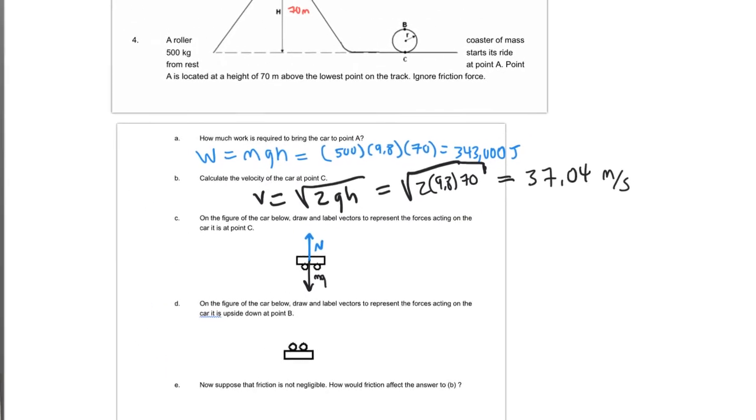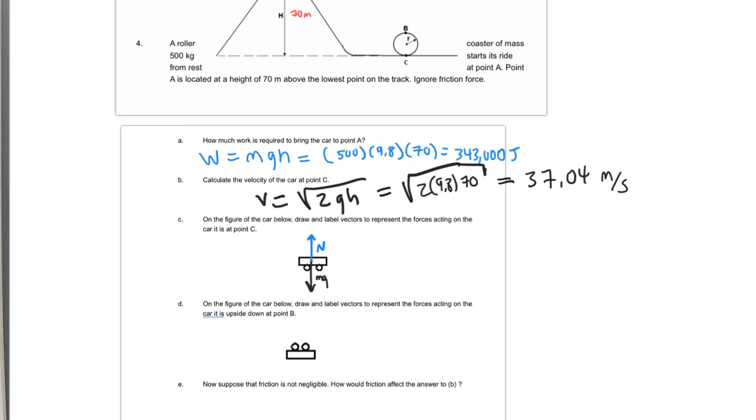With regards to this one: on the figure of the car below, draw and label vectors to represent the forces acting on the car as it is upside down at point B. So that would be right here. If you've ever taken a roller coaster, you're going to feel really heavy right here, and then you go up, and up, and there's a moment where you feel weightless, and then you go in this way, and you're heavy again.